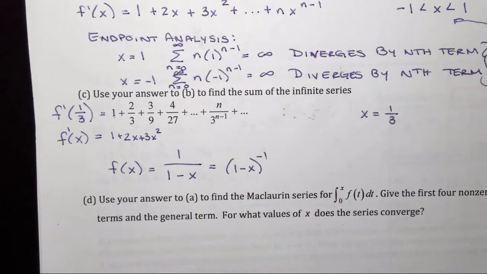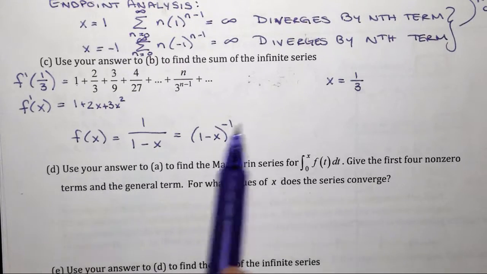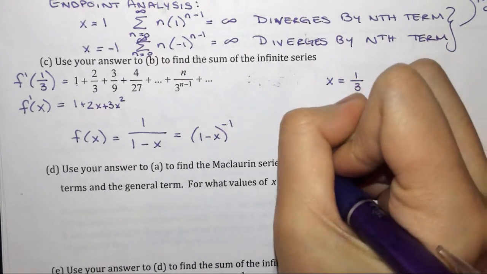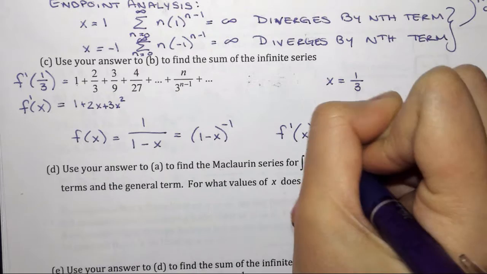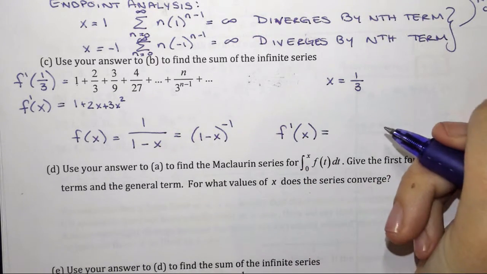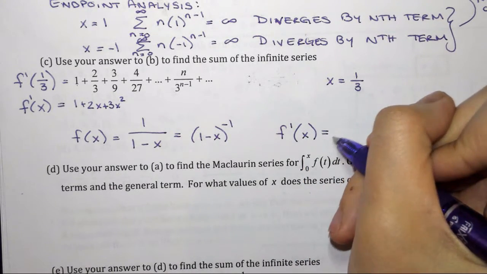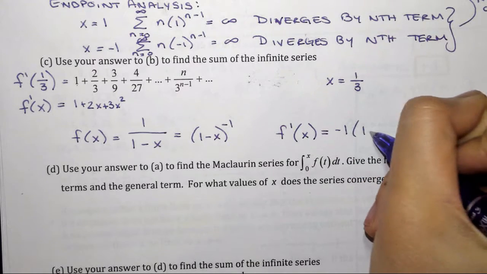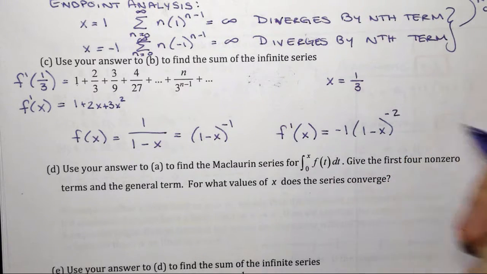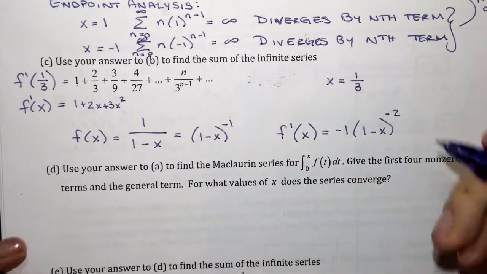This can be rewritten as 1 minus x to the negative 1. So I find the derivative of this. And then I plug in 1/3.